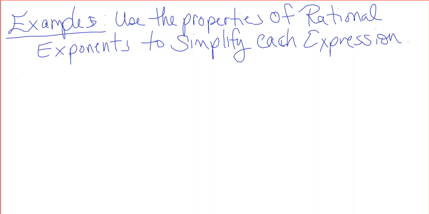Alrighty, here we go. So I got 4 to the 1/4 times 4 to the 1/4. I actually really like this one, so I hope you will too. So notice I've got two things with the same base, so that means I can combine their exponents by adding since they're multiplied by each other. So I have 4 to the 1/4 times 4 to the 1/4, so I can add their exponents.